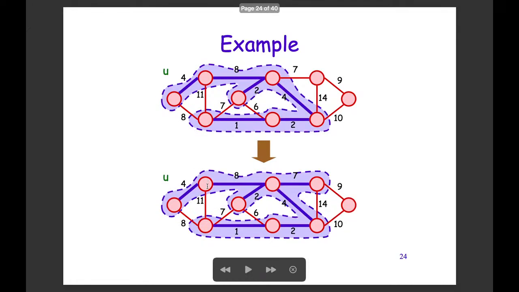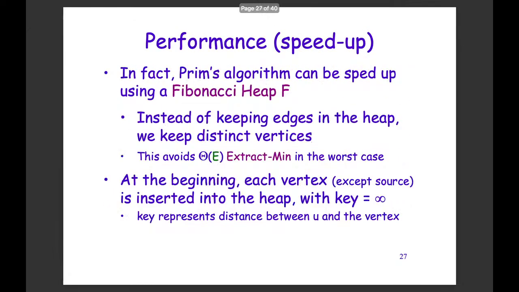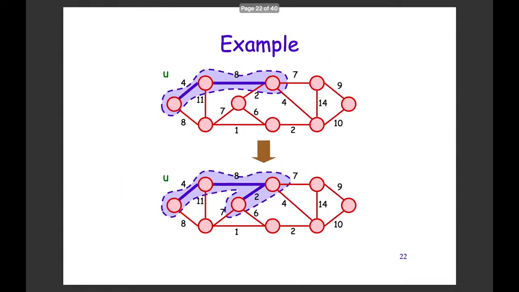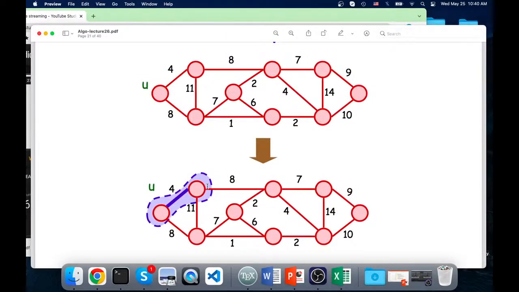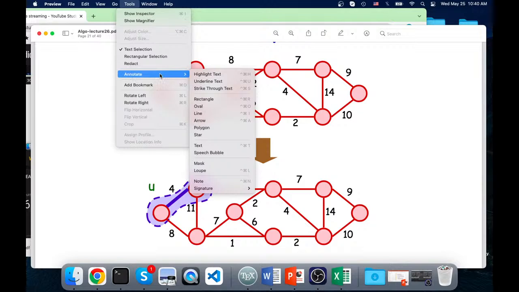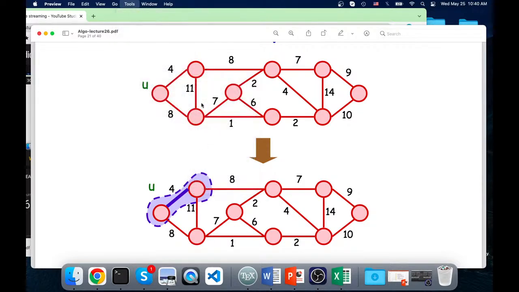So let's see if I have an example. Okay, I didn't have an example here, but perhaps I can do something on the graph. Let me annotate it.